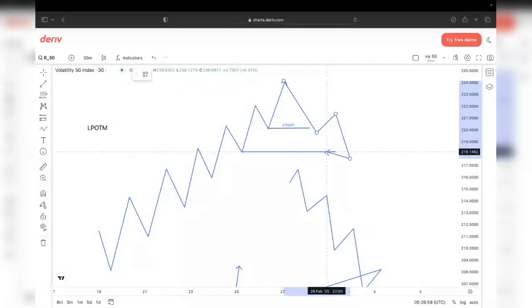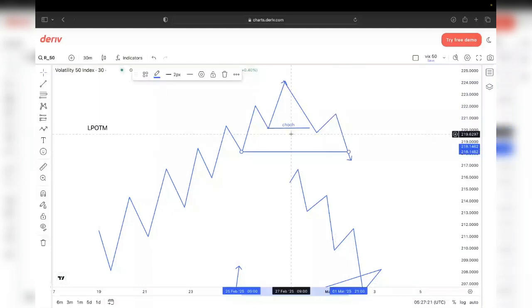It all depends on the reaction when it came into this second break of structure. There are some things you will see that will make you know that a buy can still occur, and then you will consider this place now as a change of character.